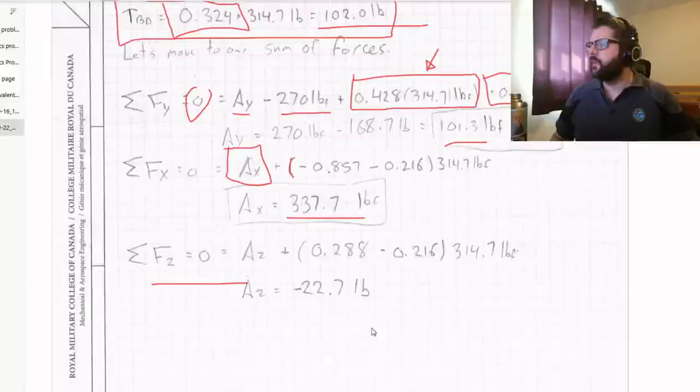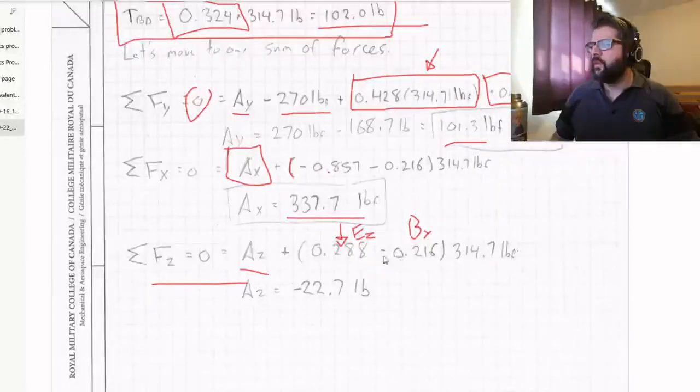And then do the same thing for the Z direction. So we've got our Z axis reaction. We've got the terms for our Z components of the EZ and the BZ.